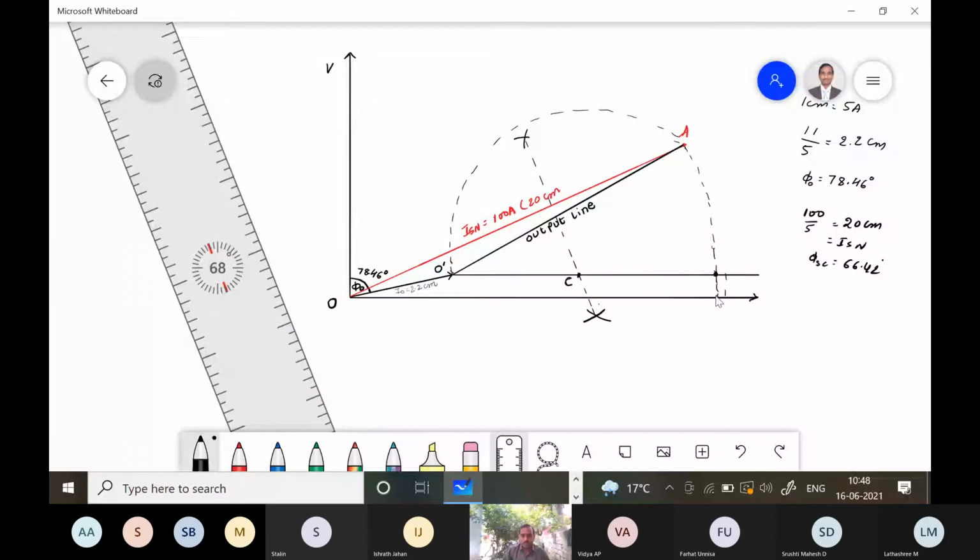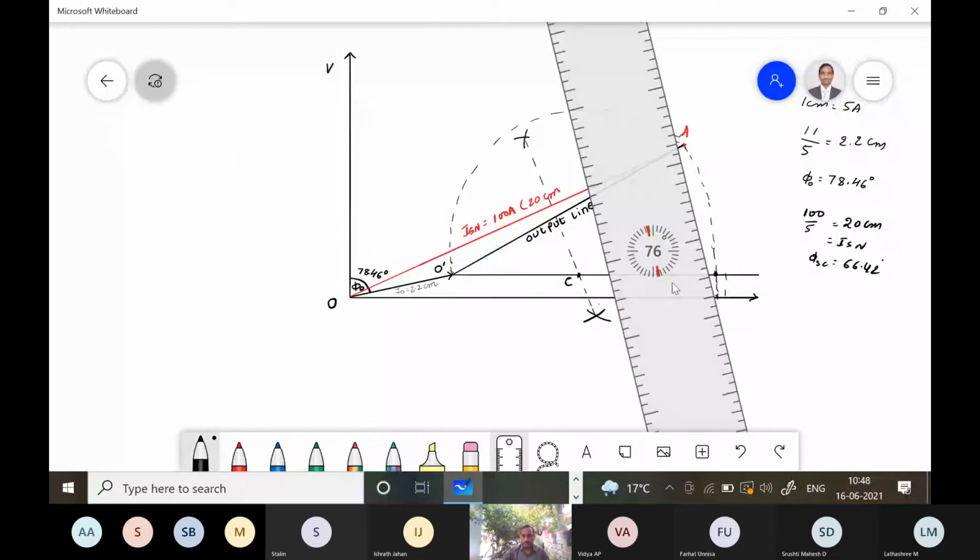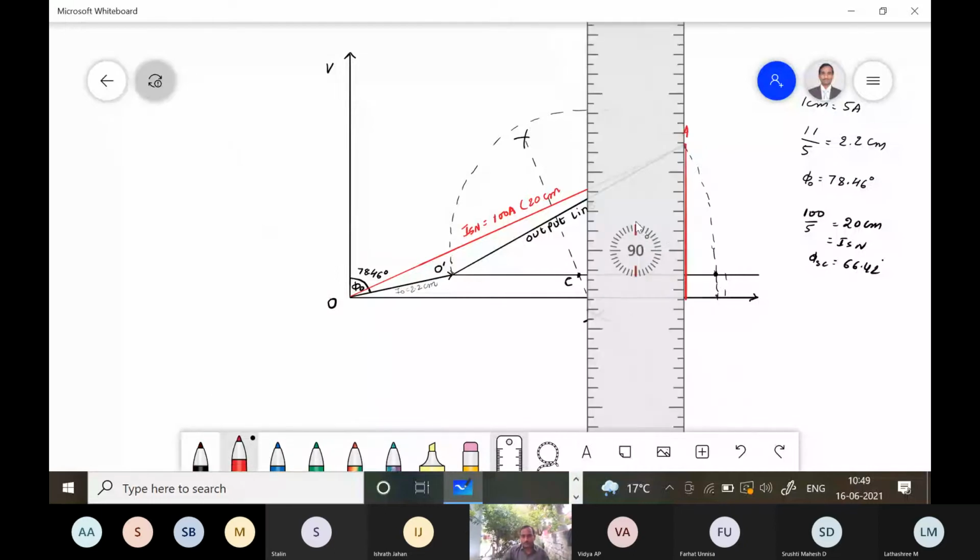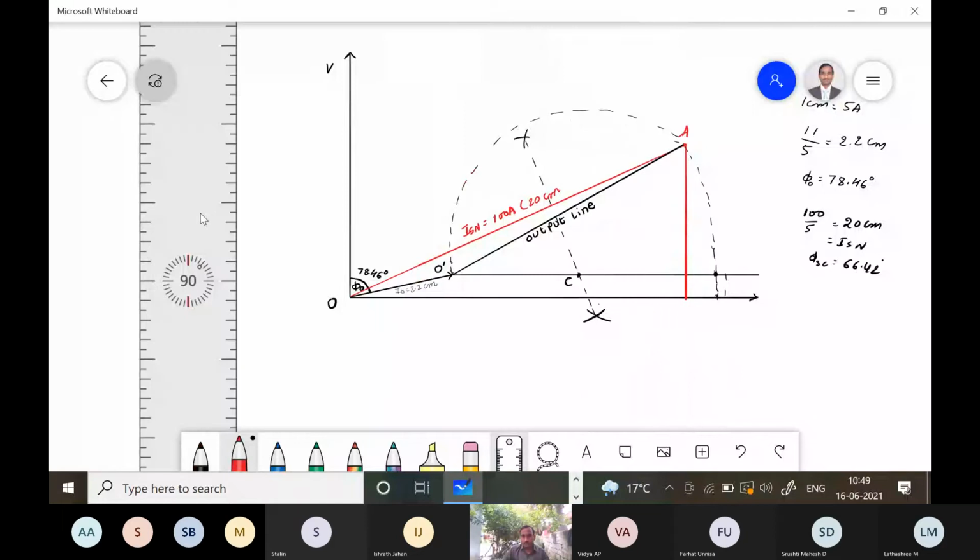So it will touch some. Okay. So then draw a perpendicular line from point A. It will touch both the horizontal line and the O dash line and horizontal line.